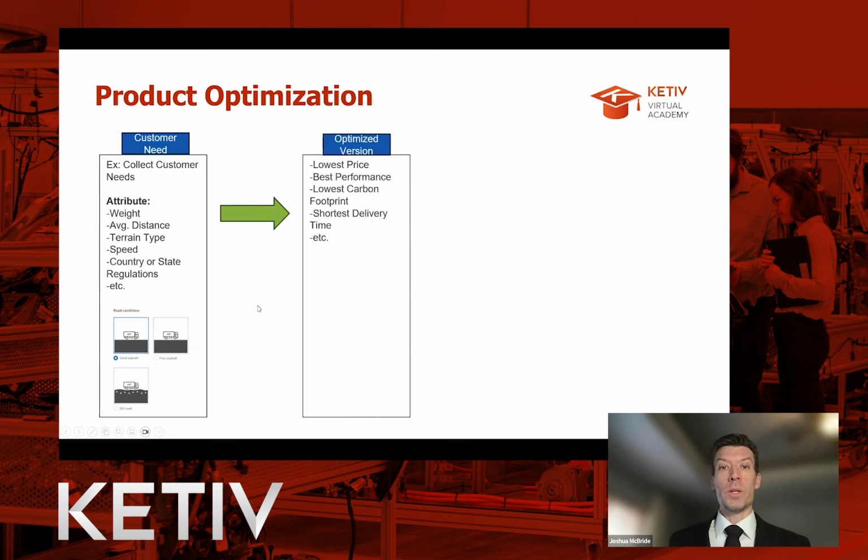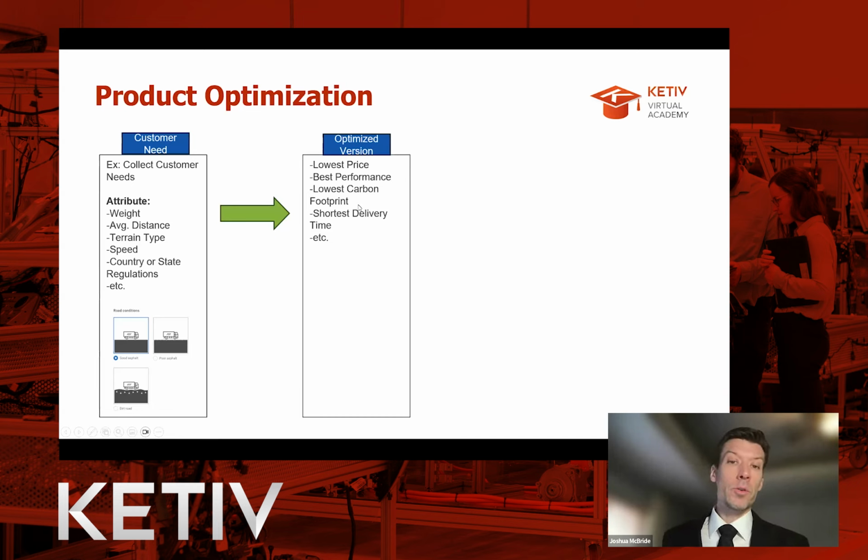So what we do is we then provide the user the ability to say, okay, I want the lowest priced version that still fits within these parameters, or I want the best performing version, or the lowest carbon footprint. I know that's not a big deal in the US right now, and we're going to look at this here in a little bit, but over in Europe and other places across the world, this is really becoming a big deal, particularly as regulation begins to hit.